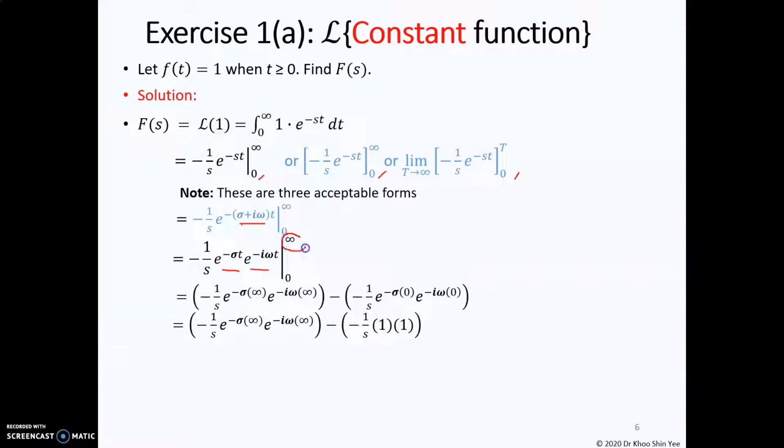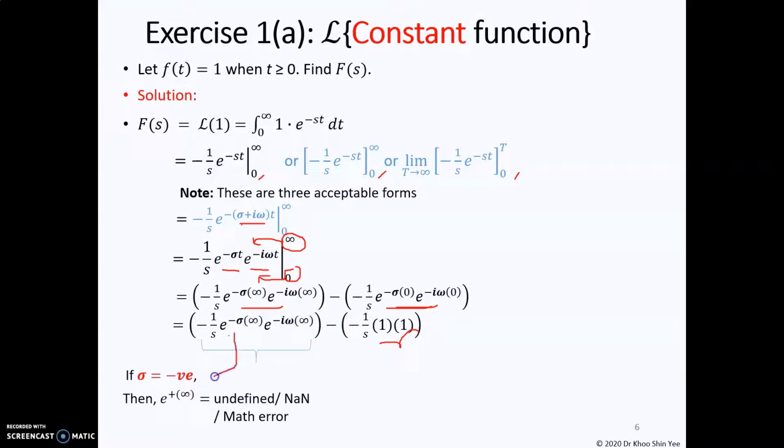Next, we substitute the limit infinity inside, you get this, and limit 0 inside, you get this part. So for the exponential 0, you should be able to get 1. Refer to the exponential negative sigma infinity. If your sigma is negative, in this case, you have exponential positive infinity.